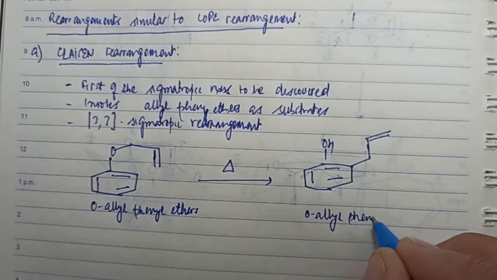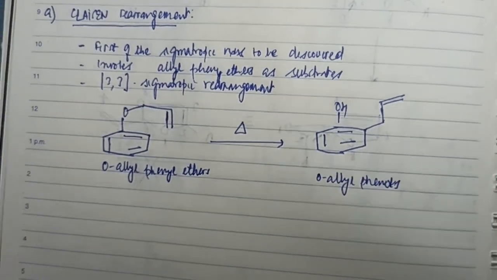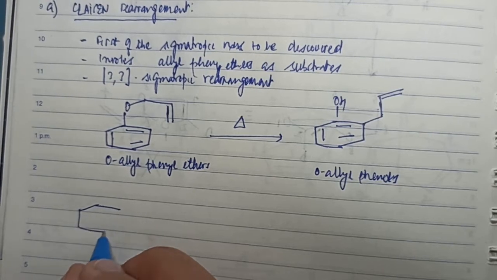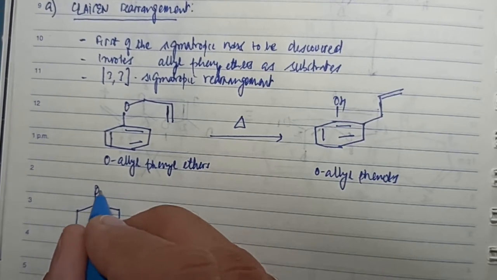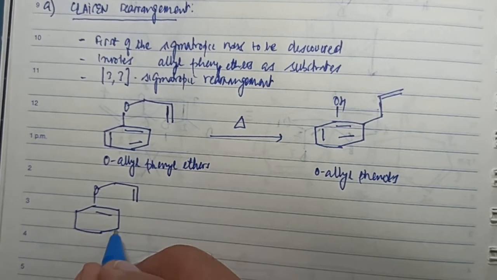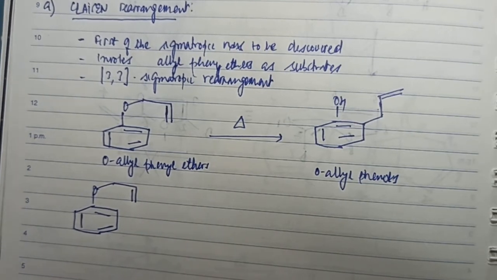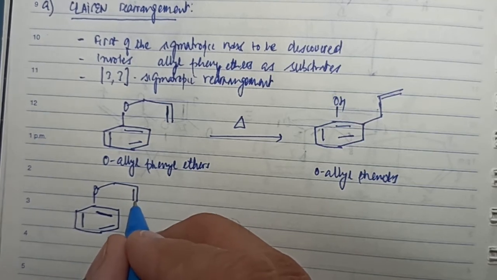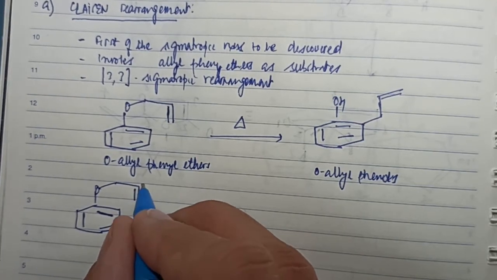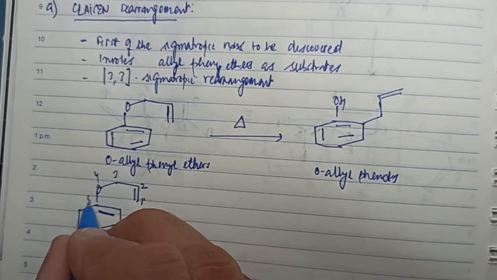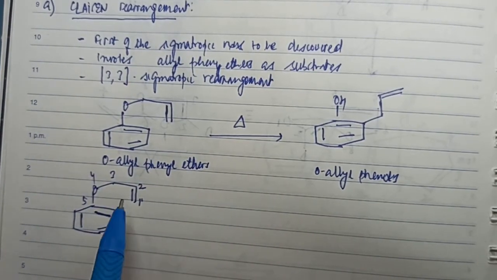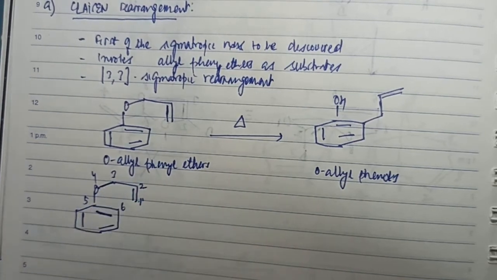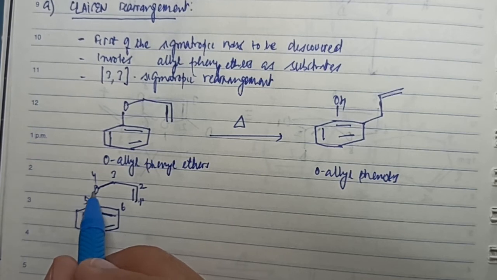Now, how does this reaction occur? This reaction, as I've told you, is exactly similar to the Cope rearrangement. If you look at the starting compound, it is ortho-allyl phenyl ether, which is this molecule. If you figure out here, again, this is a kind of a hexa-1,5-diene, in which you have a double bond at the first carbon atom and a double bond at the sixth carbon atom. In all hexa-1,5-dienes, you can see a double bond is attached to an allylic oxygen.